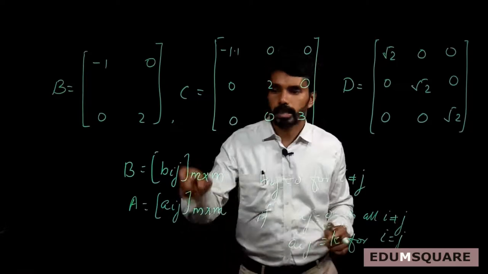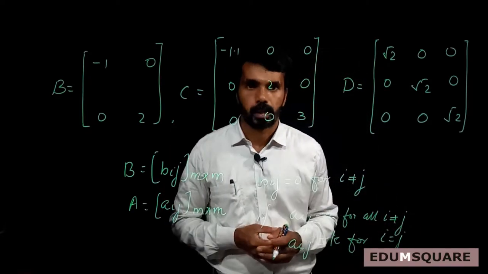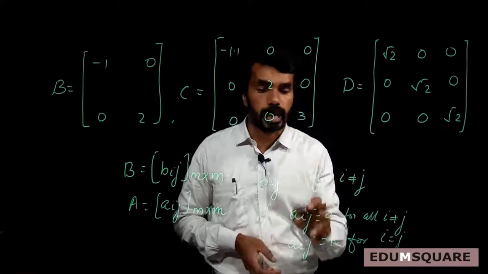Okay, that is, a square matrix [aij] of order m is said to be a scalar matrix.